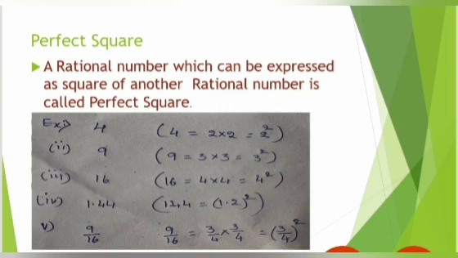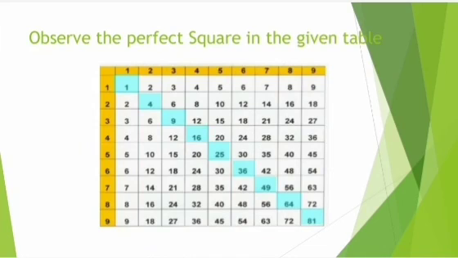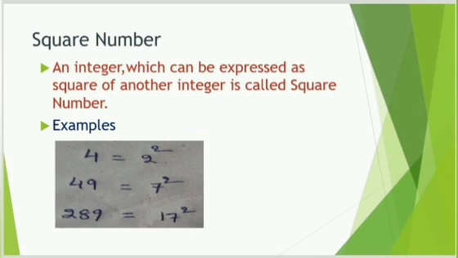The next definition is square number. Square numbers have the same definition, but instead of a rational number I have an integer. An integer which can be expressed as square of another integer is called square number.